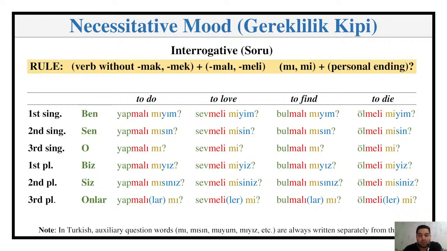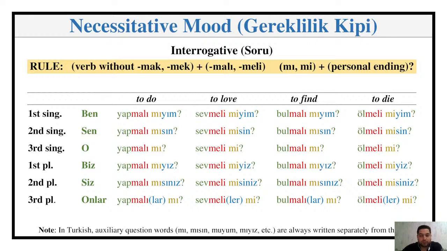Second person singular: sen yapmalı mısın, sevmeli misin, bulmalı mısın, ölmeli misin? Third person singular: o yapmalı mı, sevmeli mi, bulmalı mı, and ölmeli mi? First person plural: biz yapmalı mıyız, sevmeli miyiz, bulmalı mıyız, and ölmeli miyiz?